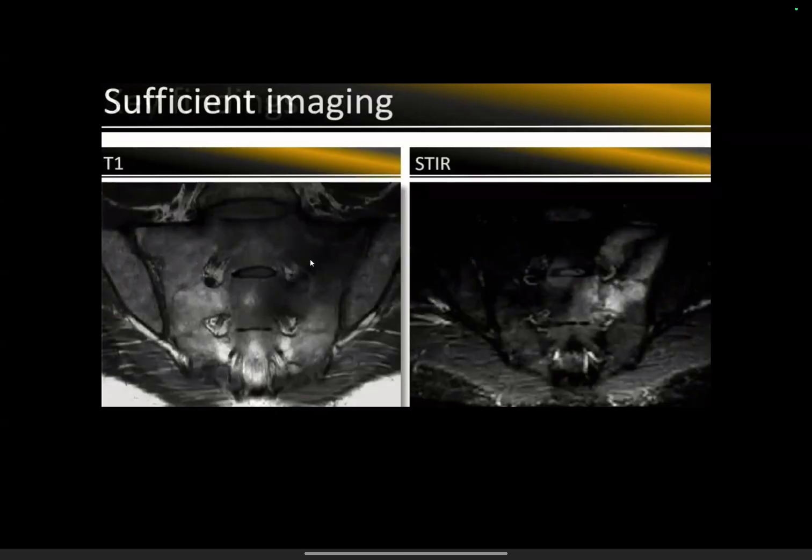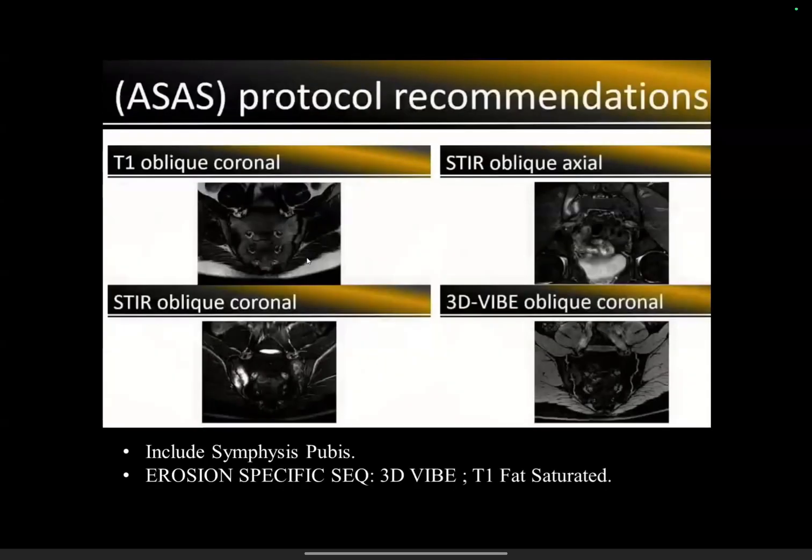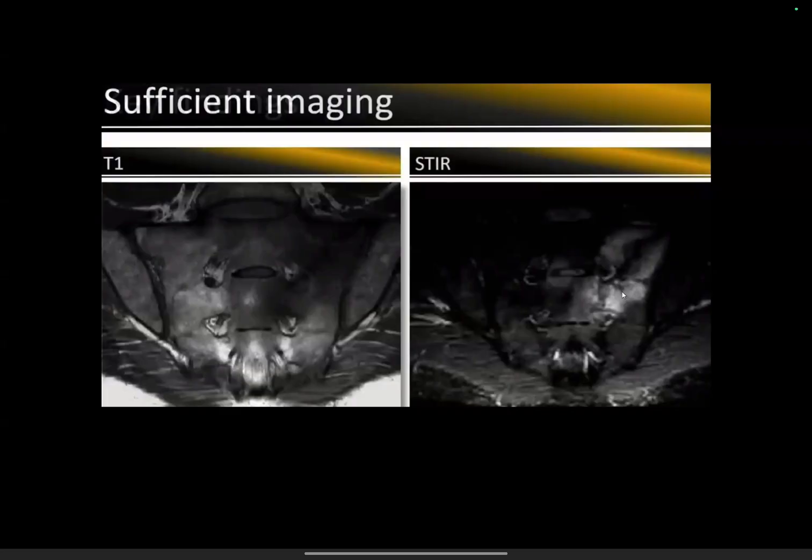Right. So here on coronal T1, we are seeing a significant hypointense signal on T1 on the sacral aspect with corresponding bone marrow edema. That was initial sacroiliitis, and some fatty, patchy marrow conversion was also present in the subchondral location.